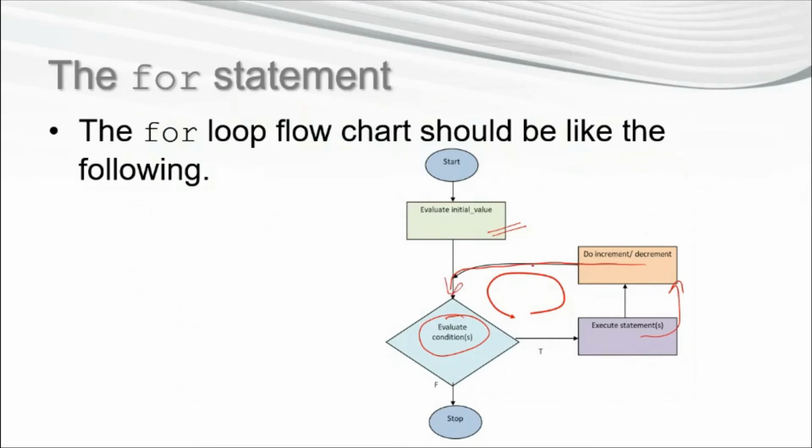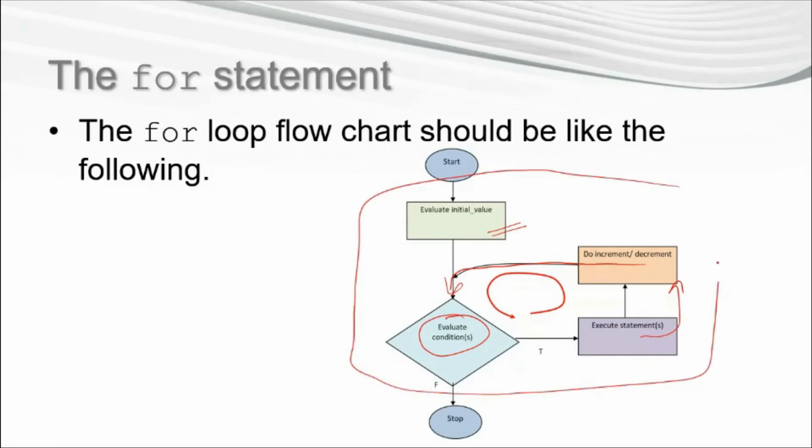If you want to convert a for statement into a flowchart, it should contain at least these blocks: evaluating the initial value, evaluating the condition, executing the statement if the condition is true, and then the increment, which can also be a decrement.